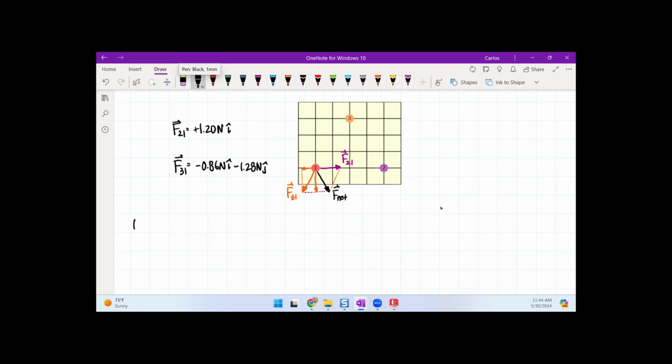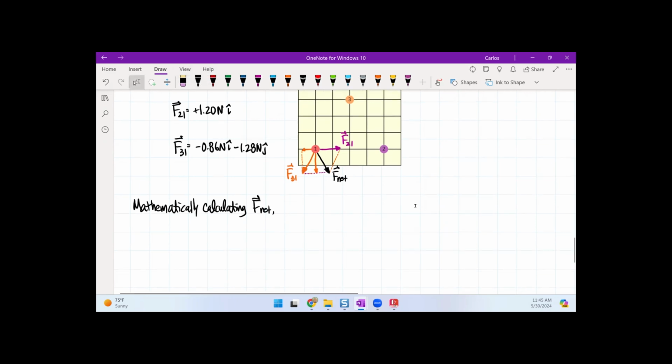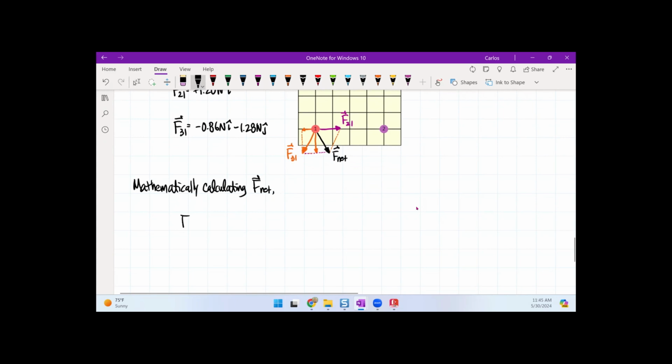So mathematically calculating F net, we get that F net acting on 1 is going to be a combination of F21 plus F31.